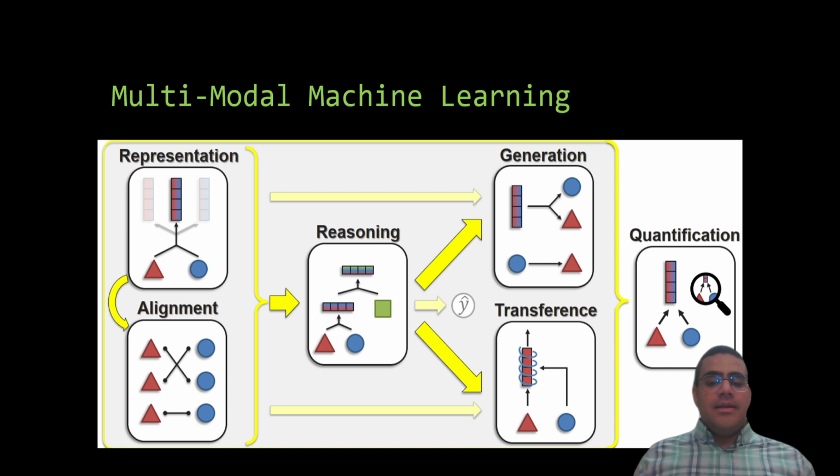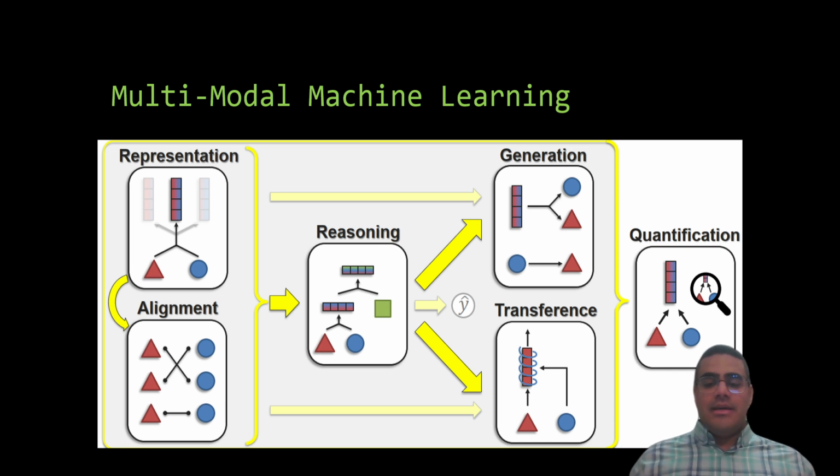After alignment, we have reasoning. The most famous task is, of course, to do prediction, to predict, for example, a disease. We can also do generation. Generation means using generative AI features to generate something new. We can also do transference, which means to transfer the knowledge and the information available in one modality into another modality.